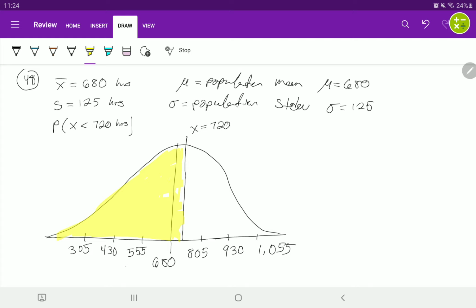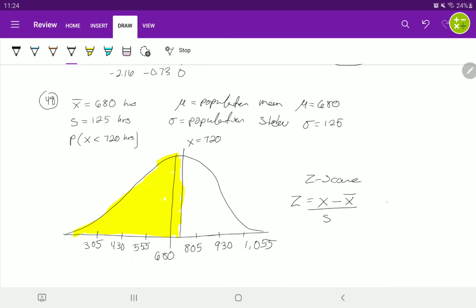Now, before you go to your table, you must standardize this raw data. To standardize this raw data, we're going to introduce the z-score formula, such that z is equal to your data value minus your mean divided by your standard deviation. When you go to Stats 250, you'll be using different symbols for Chapter 6. Well, Chapter 11 here, we call that Chapter 6 in Stats 250.